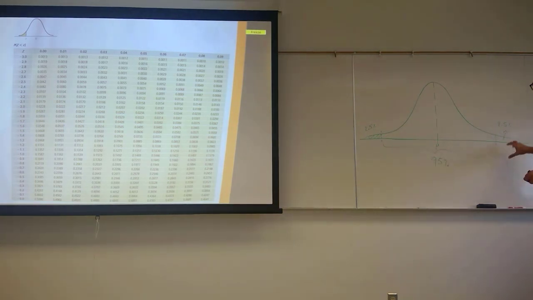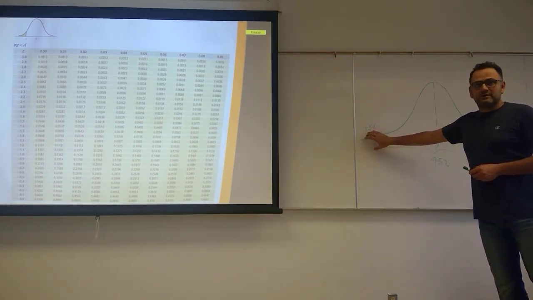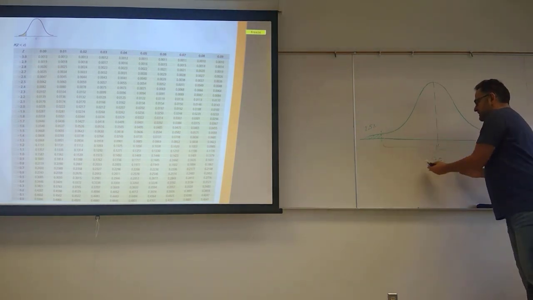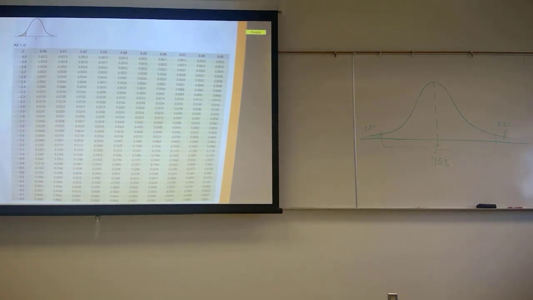So essentially, the very high values that are very improbable to have and the very low values that are improbable to have, you cut them off. If we take out 2.5% on each side, accordingly what is left in the middle is 95%. That's our 95% confidence interval.